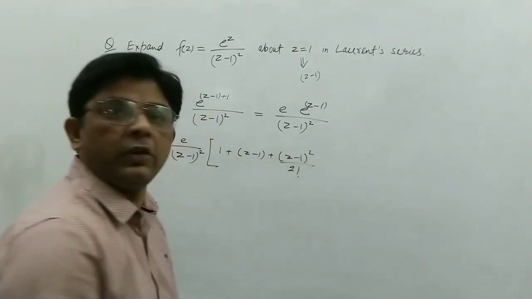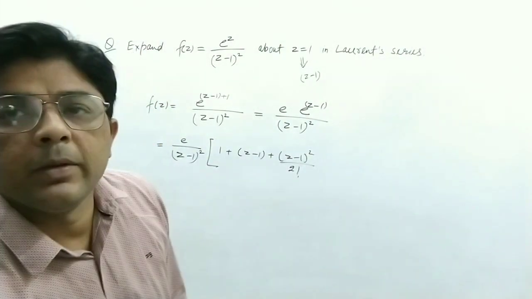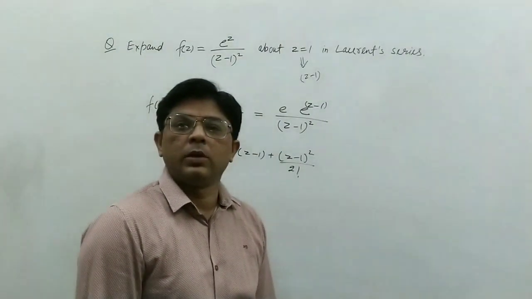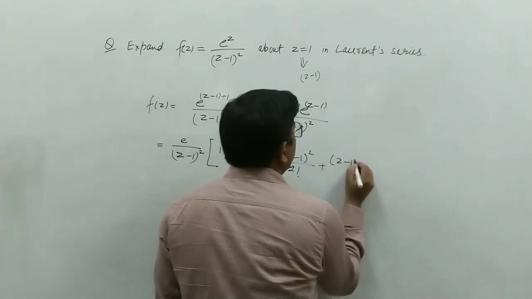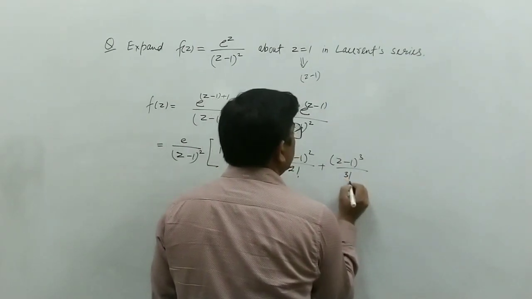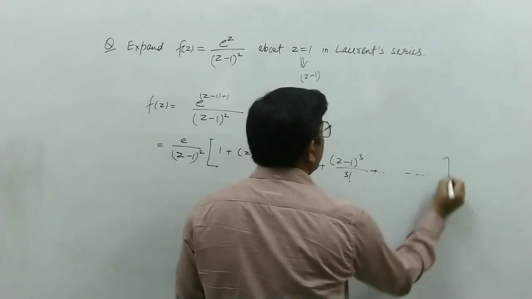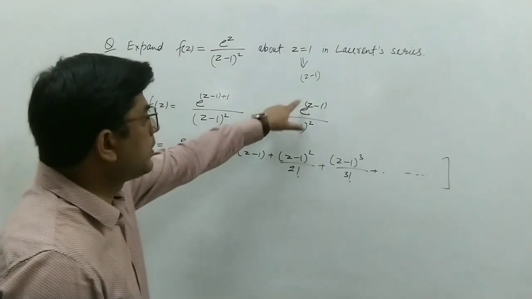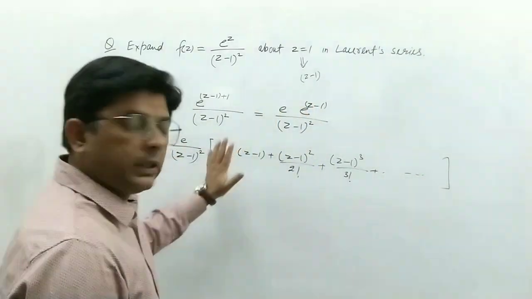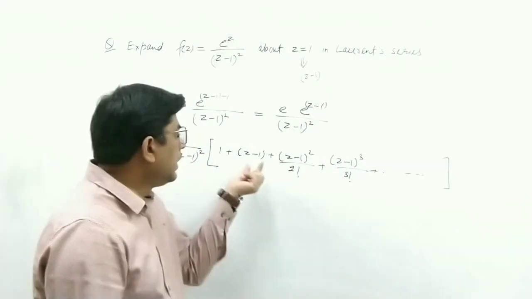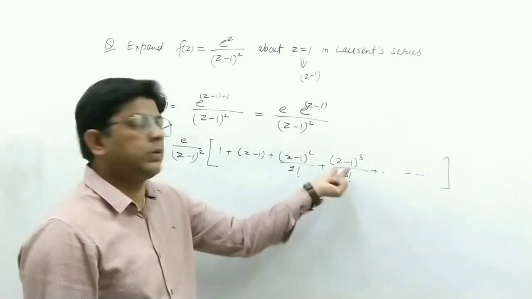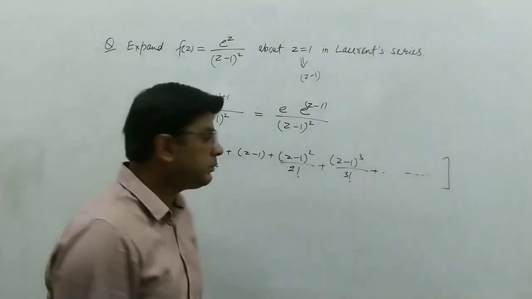We are using the expansion of e raised to power z, which is 1 plus z plus z square by 2 factorial plus z cube by 3 factorial and so on. So this is the expansion of e raised to power z minus 1. Here we can see that we are getting all the terms in the power of z minus 1: z minus 1, z minus 1 squared, z minus 1 cube and so on.